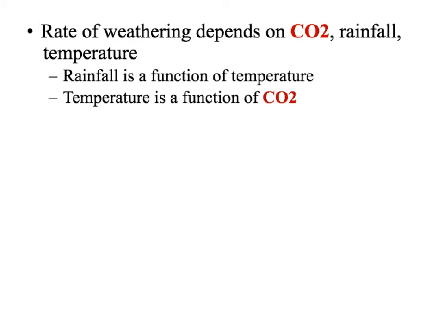So think about it in a couple different ways. First, I'll draw a negative feedback loop like we were just doing in class the other day. If you have a lot of carbon dioxide in the atmosphere, this means that the rate of weathering will be very high.